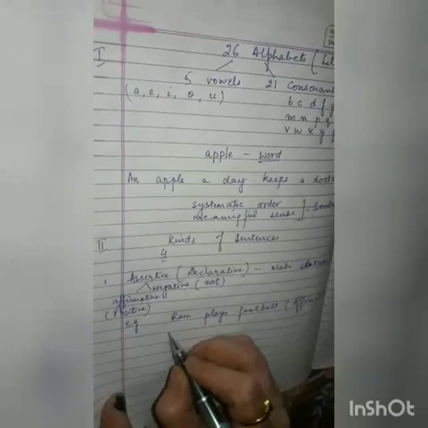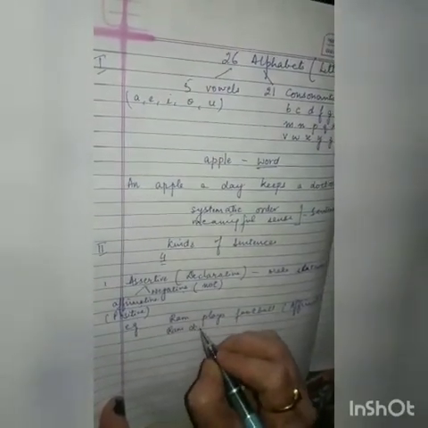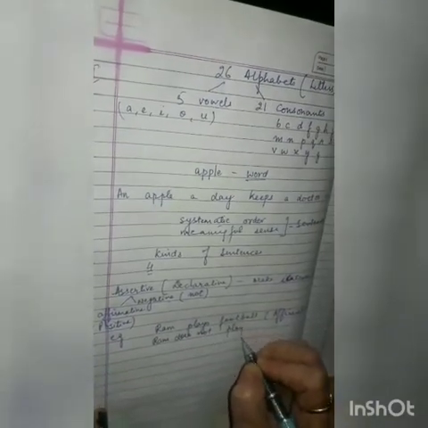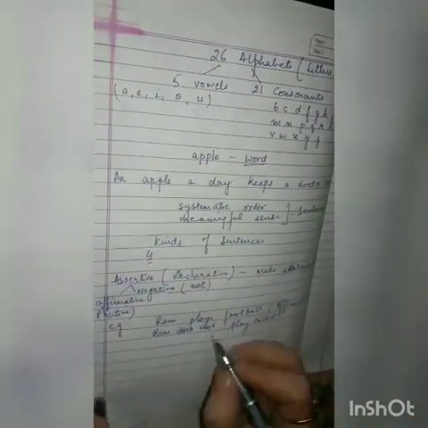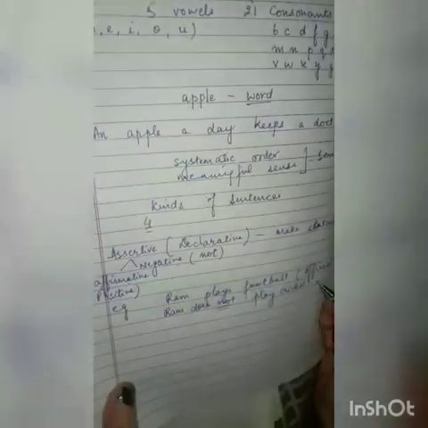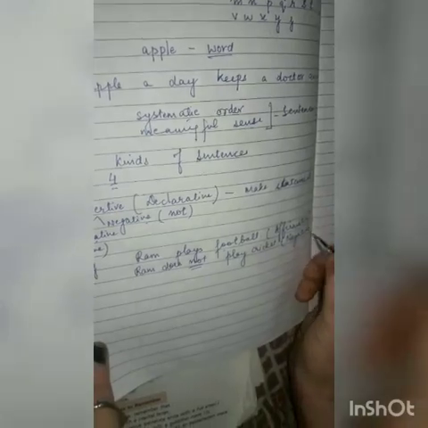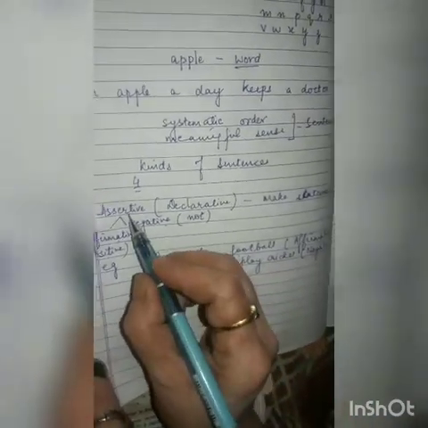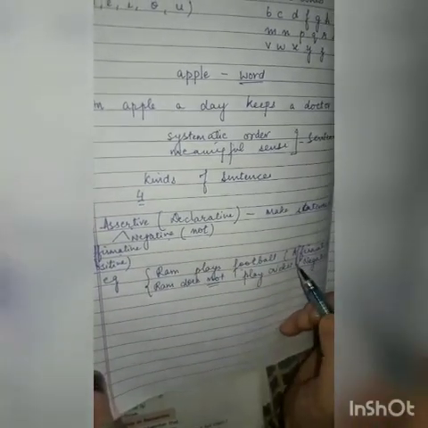The second example is: Ram does not play cricket. This sentence contains not, which makes the sentence negative. Hence, it is called a negative sentence. But both the sentences are called assertive or declarative sentences because they make a statement.